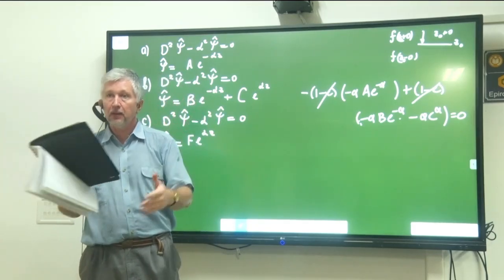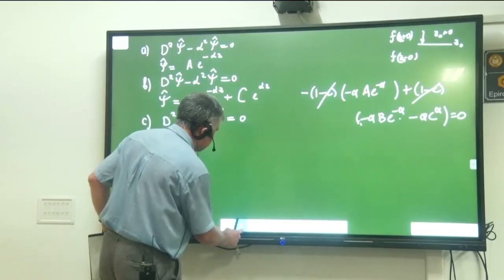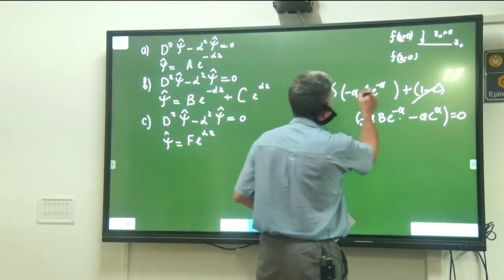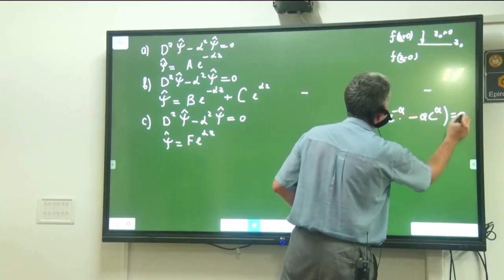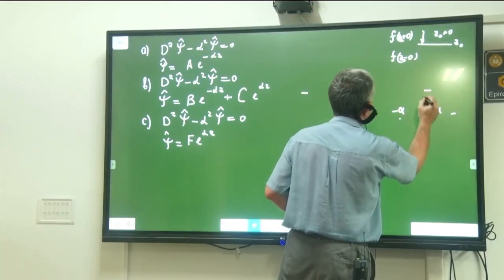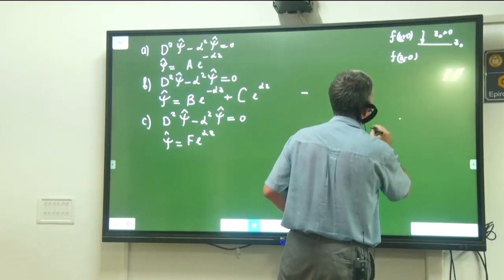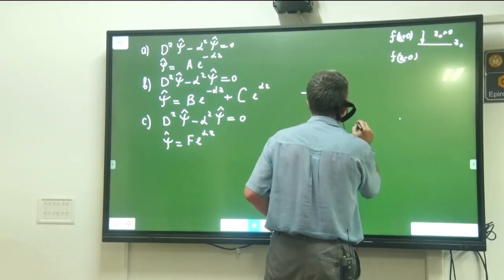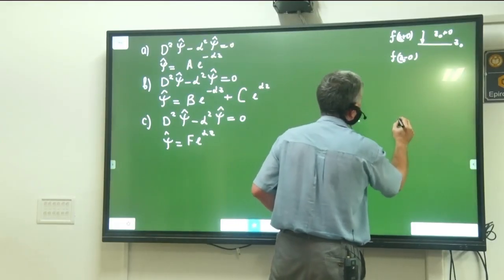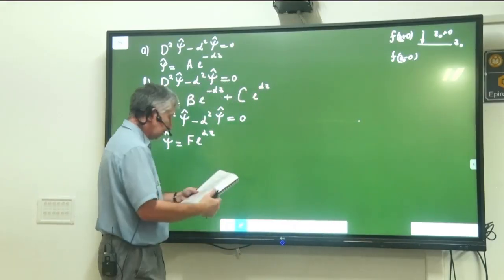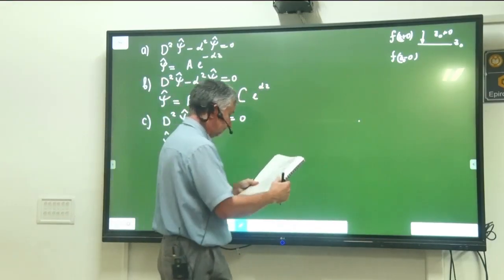Now I just take the liberty of erasing this and writing it more neatly. So the final result will look like that. Not that what was there was wrong, but I just want to write it neatly.